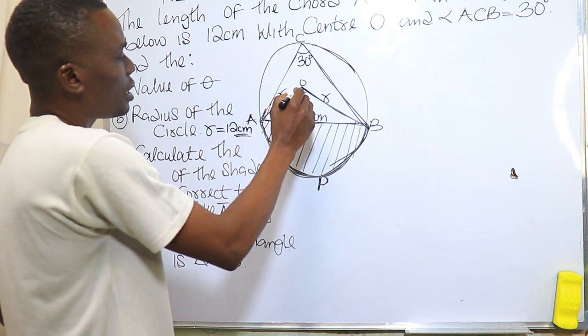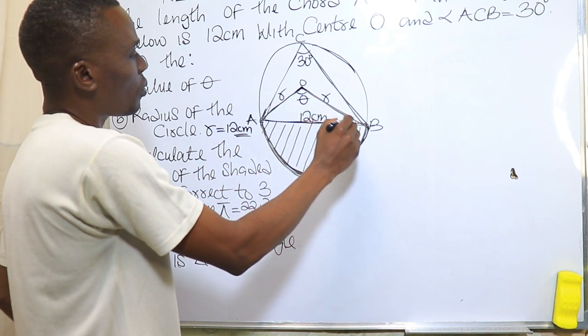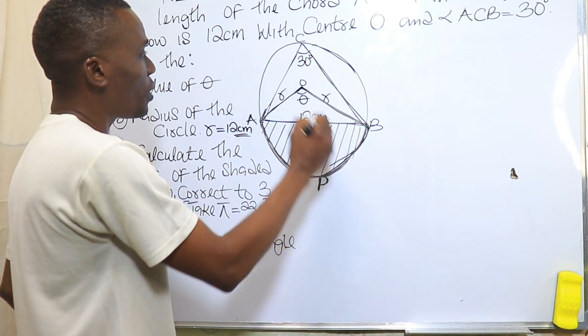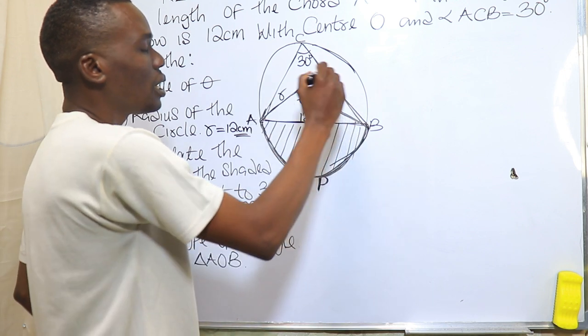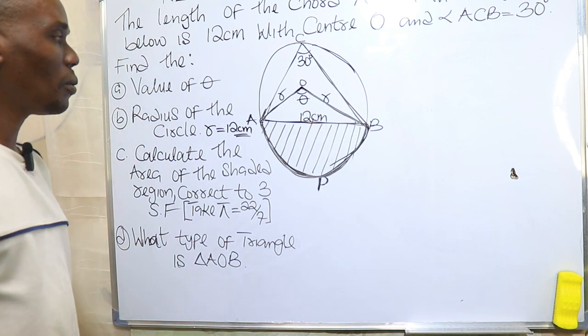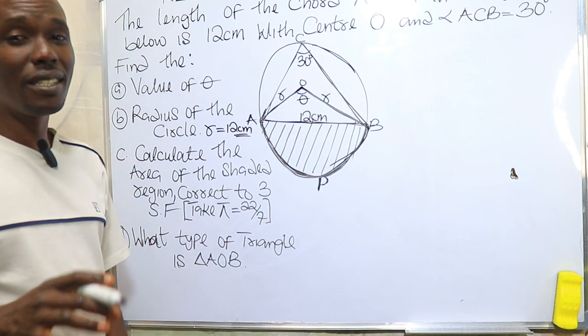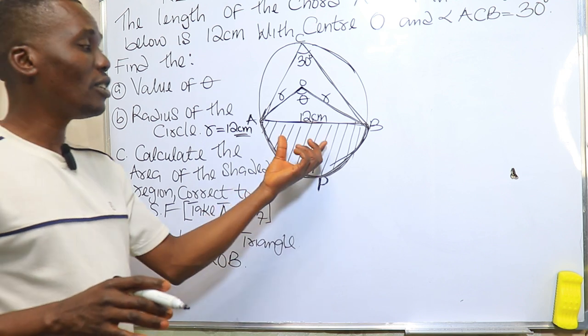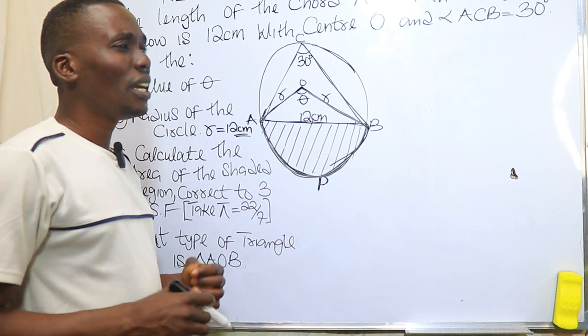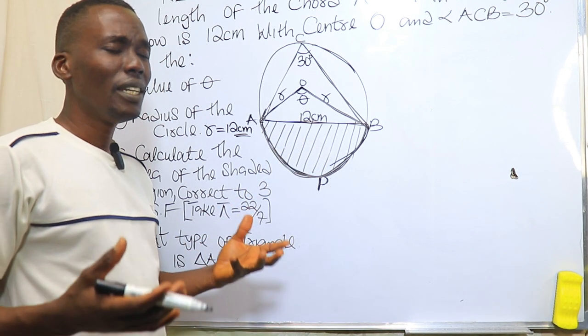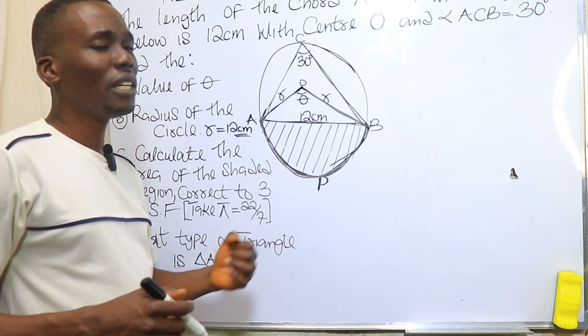So this is the sector of a circle, and this can also be a larger sector of that circle. Now we are not asked to find the sector of the circle, we are asked to find only the shaded area.